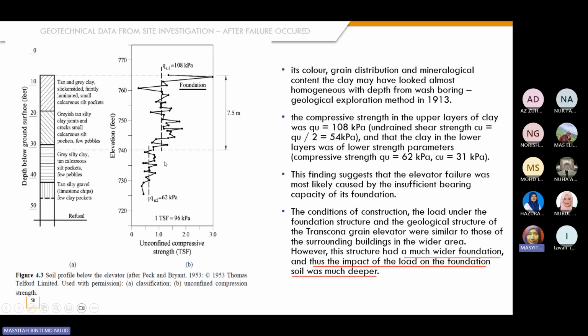Maknanya you kena tengok lah apa semua information because geotechnical ni is very complex data. Maknanya one single data dia tak boleh bagi the final predictions. So you have to mix around, tengok kesesuaian dia, teori mana yang sesuai dan analisis mana yang sesuai.